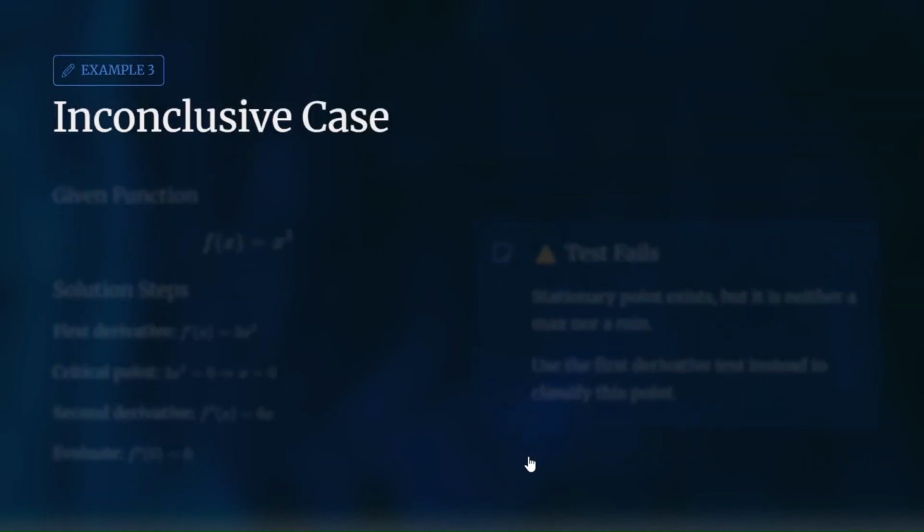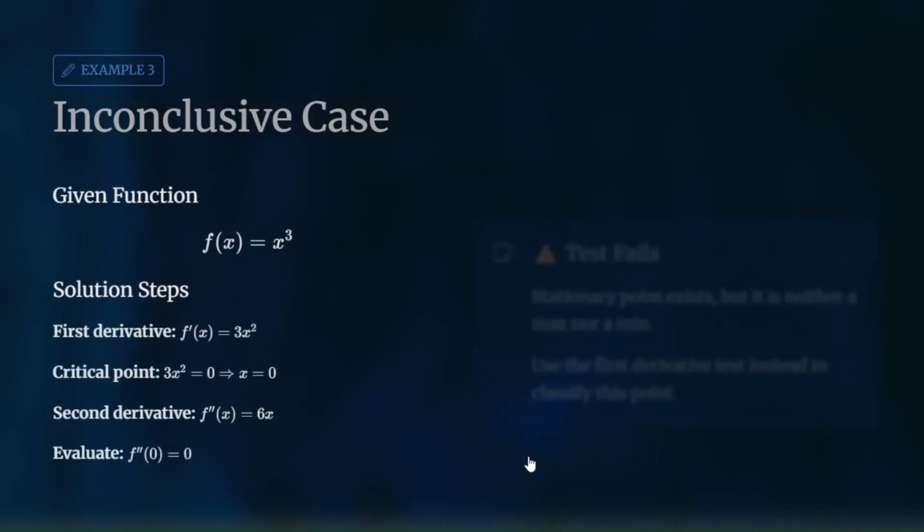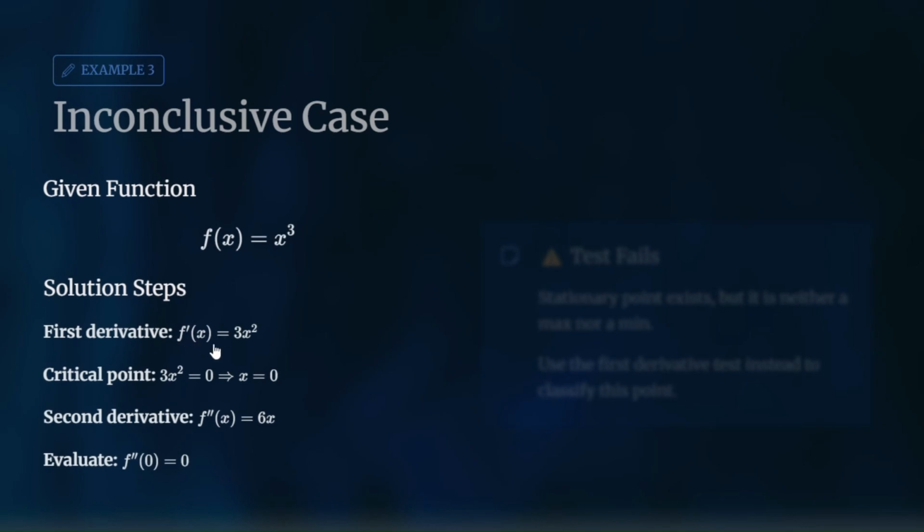In this next example, we have the function f of x equals x cubed. Finding the first derivative, f prime of x is 3x squared. If we let that be equal to 0 and solve for x, x is equal to 0. Now, finding the second derivative, that is the derivative of the first derivative, the derivative of 3x squared with respect to x is 6x.